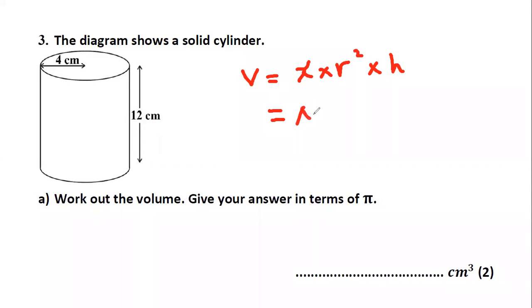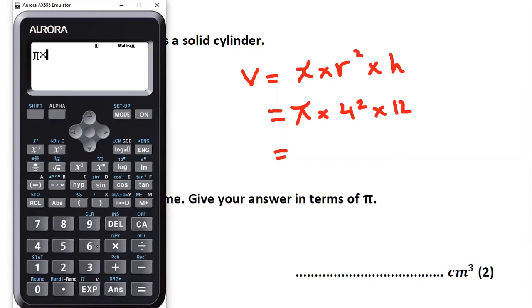So pi times by r, which is 4 squared times by 12. I'll use calculator to work out the value of this. Pi times by 4 squared times by 12, and I'll get 176 pi. So my answer is going to be 176 pi.